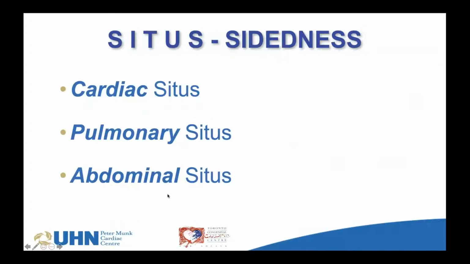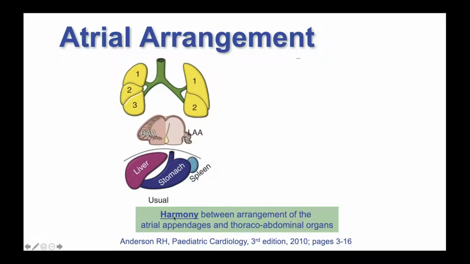And actually we have a cardiac situs, a pulmonary situs, and an abdominal situs, and usually they are in harmony. So in the usual arrangement of the atria, in cardiac situs, pulmonary situs, and abdominal situs solitus, the right lung is on the right, the morphological right atrium is on the right, and the liver is also on the right.